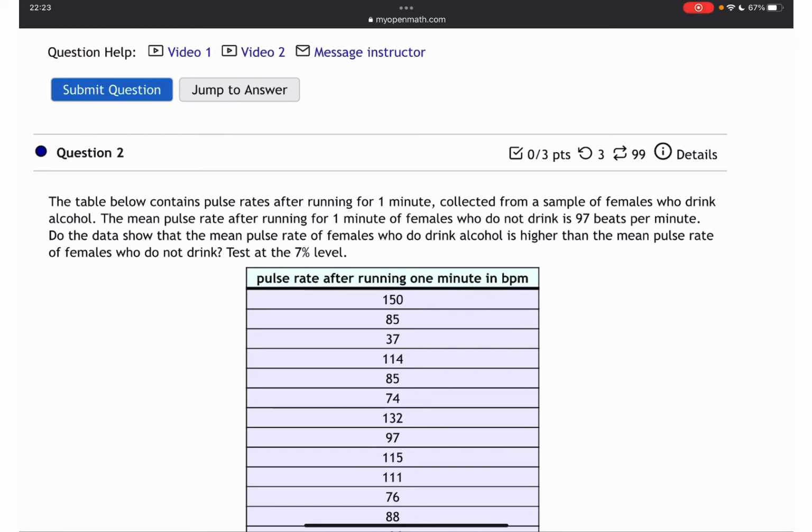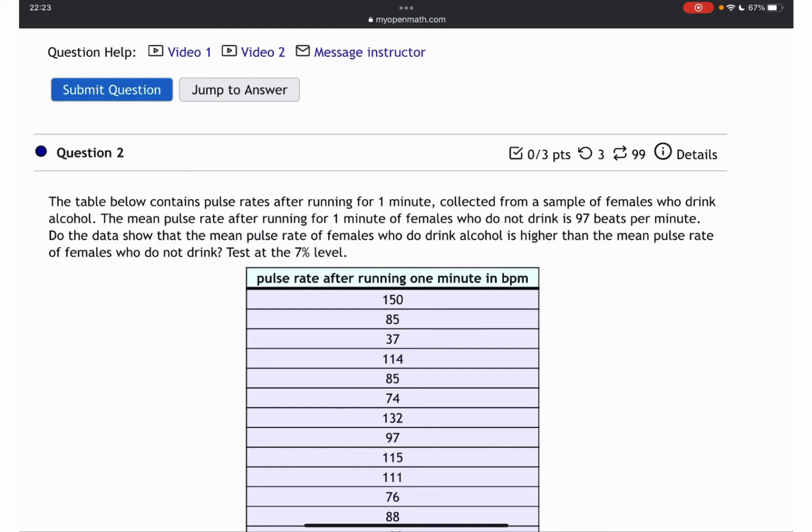In this problem, it says that the mean pulse rate after running for 1 minute of females who don't drink is 97 beats per minute.